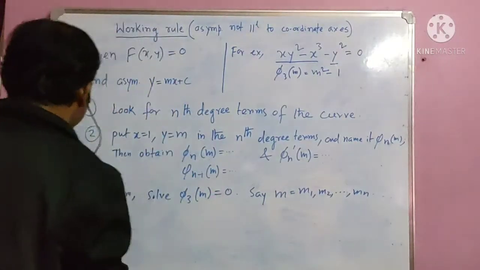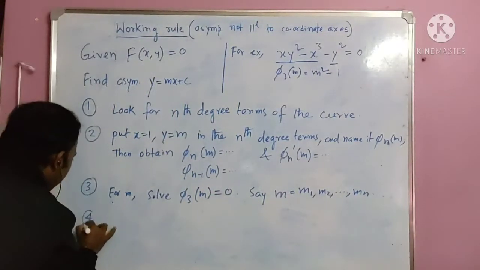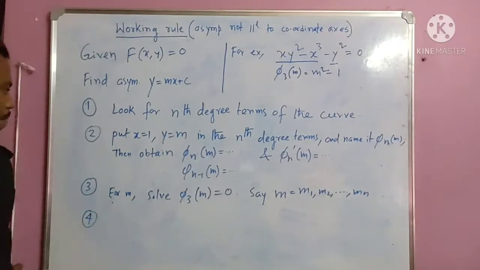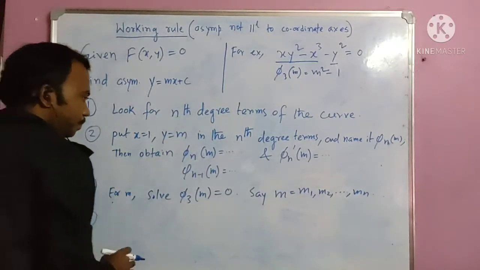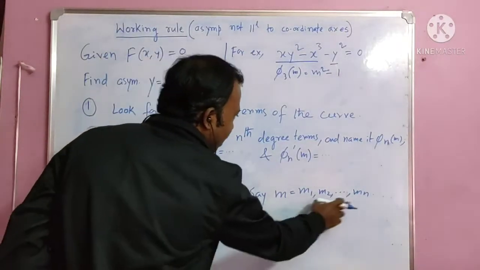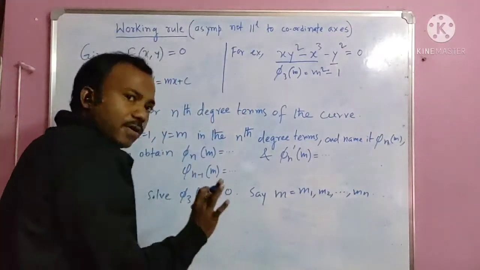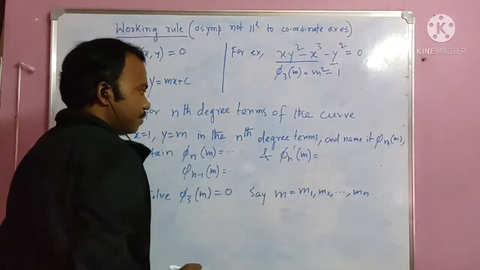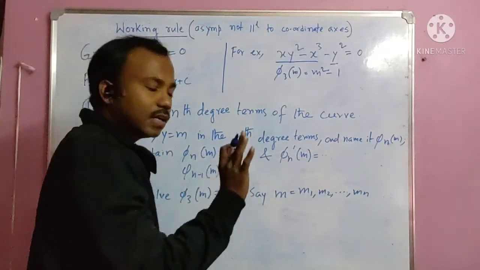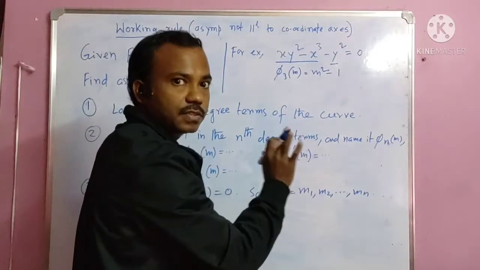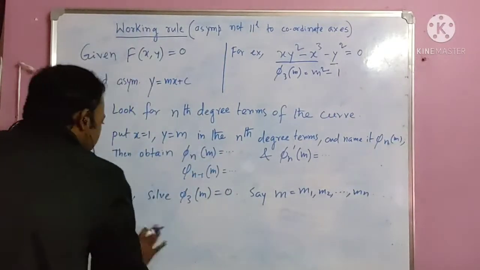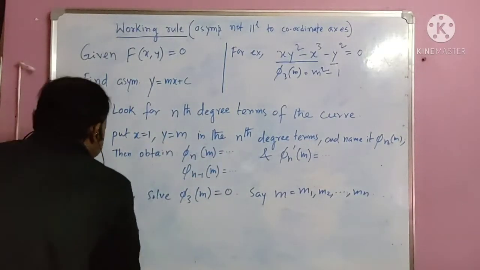Okay, so number 4. Since we have already figured out the m's, we have n many m's. Some of them will be repetitive and some of them will be non-repetitive. For those that are not repetitive, we can figure out c by this formula.